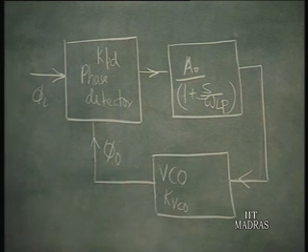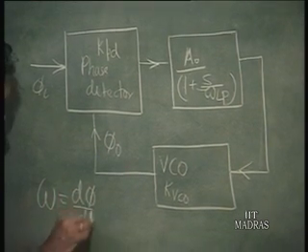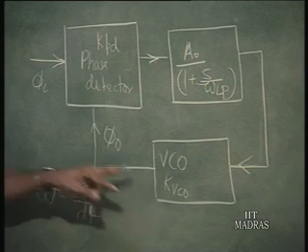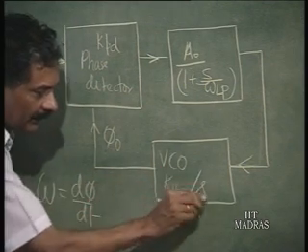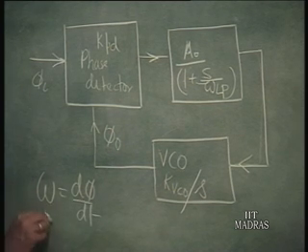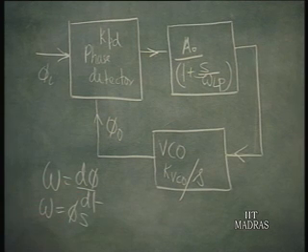So, output is going to be a frequency, but just now I said the phase and frequency are related. Omega is d phi by dt, change of phase. That means, when I am using phase in the analysis, this frequency omega should be converted into phase. That is done by dividing by S, because omega is equal to phi into S, Laplace transform.